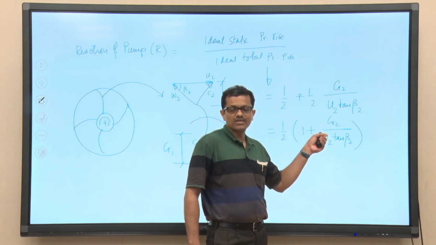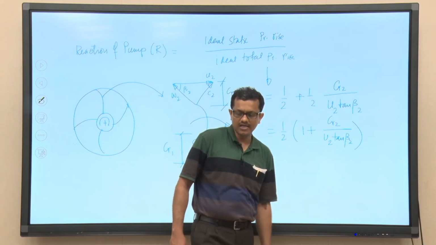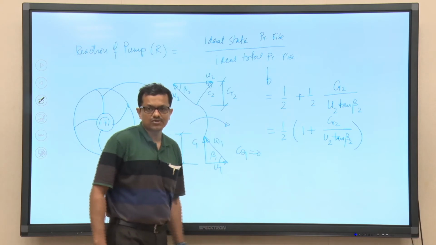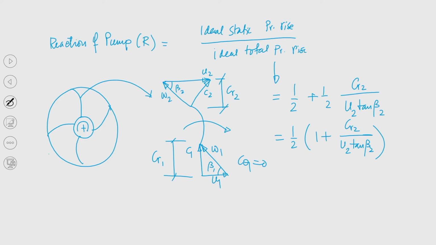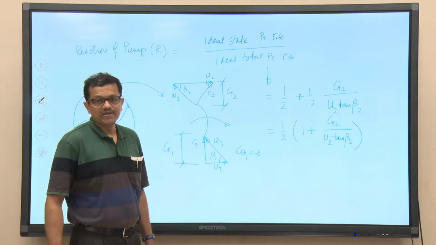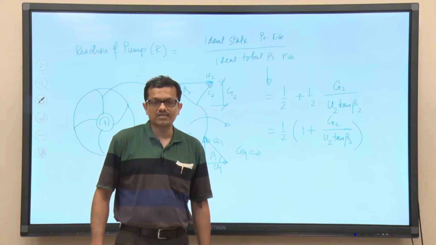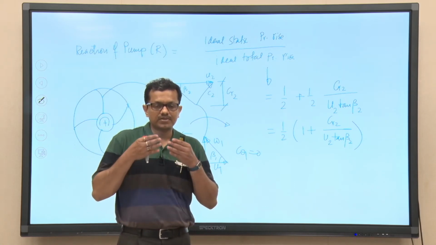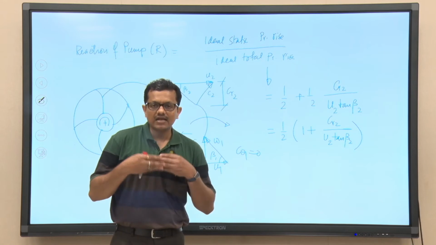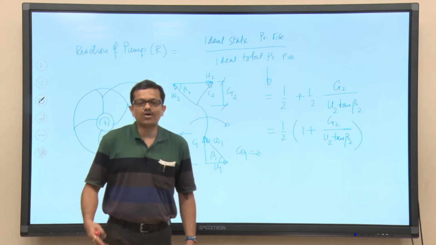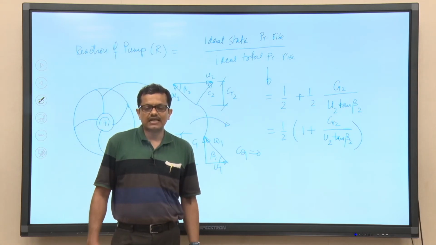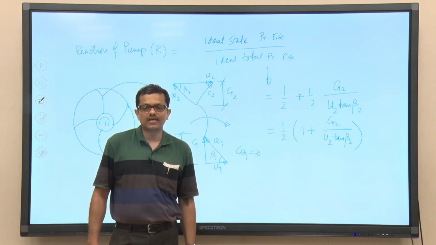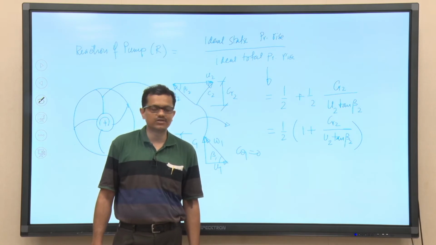But U2 is fixed for a given RPM and the outer diameter of the impeller. So we can tune beta 2 and alter the total pressure developed by the pump. The pressure at the discharge is the combination of static pressure plus dynamic head, since the liquid being discharged still has certain velocity.